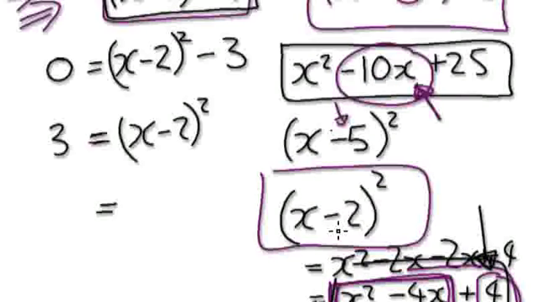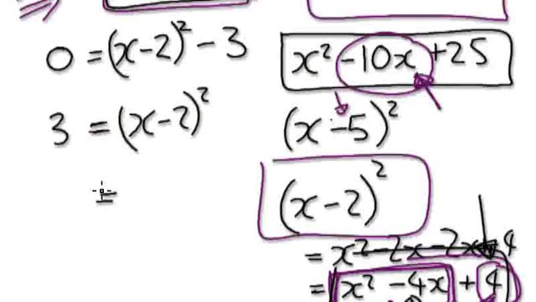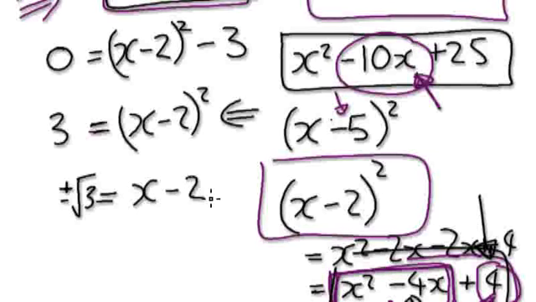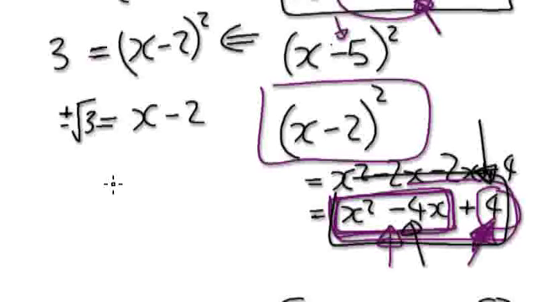So here, what's the square root of 3? You're going to have 2 answers, positive and negative root 3. So you are here at the moment. Square root both sides. You're going to have 2 solutions, so that will give you this. And now add 2 to both sides. That will give you x.